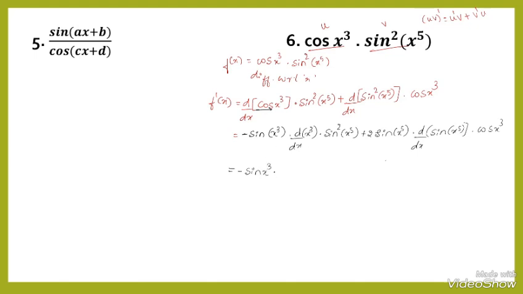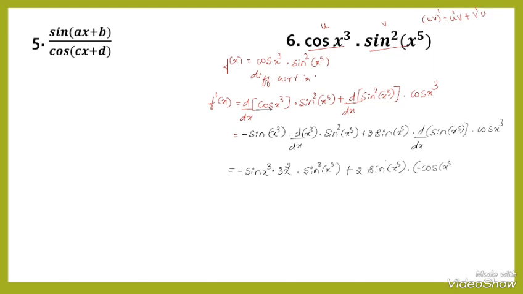Now, differentiation of x cube. What is the differentiation of x cube? That is 3 into x to the power 3 minus 1, which is x squared, into sine of sine square of x to the power 5, plus 2 into sine of x to the power 5, and differentiation of sine x is minus cos.